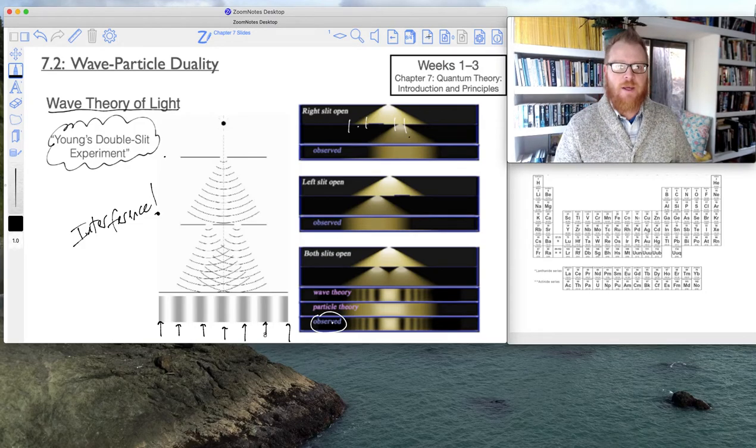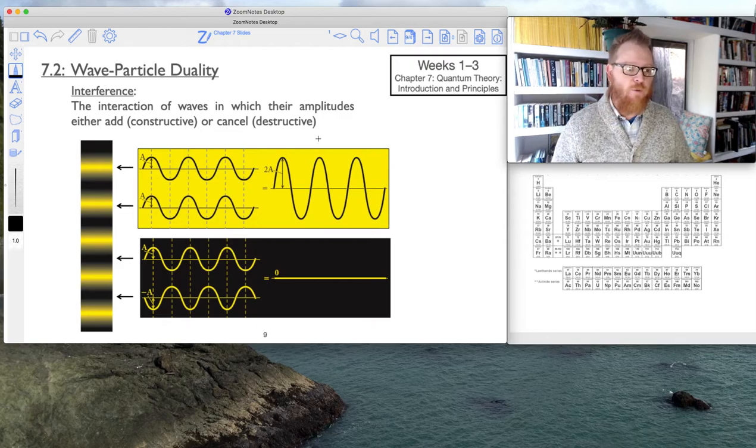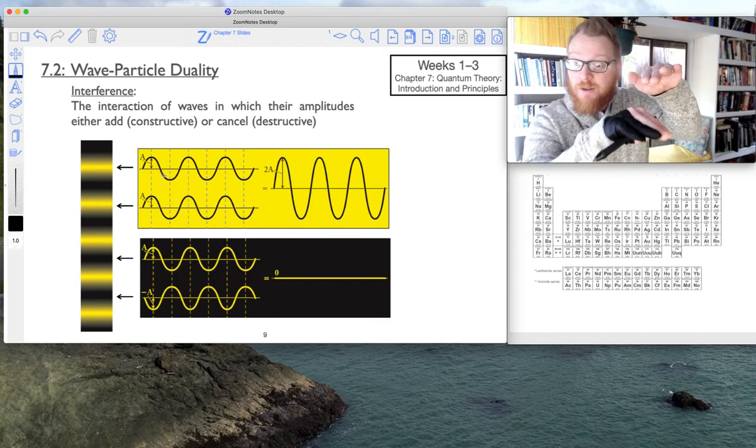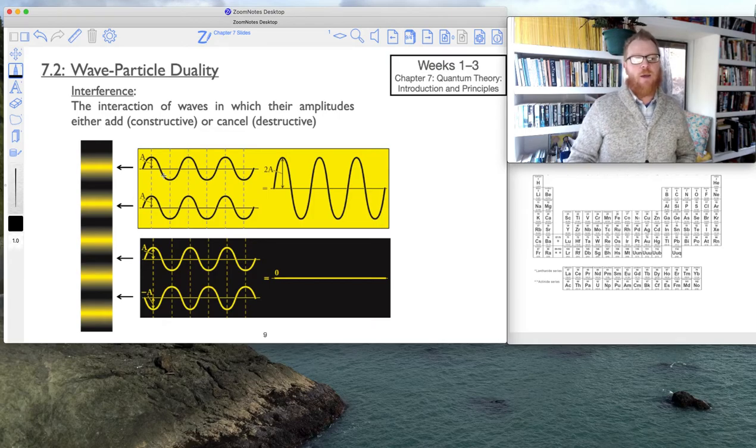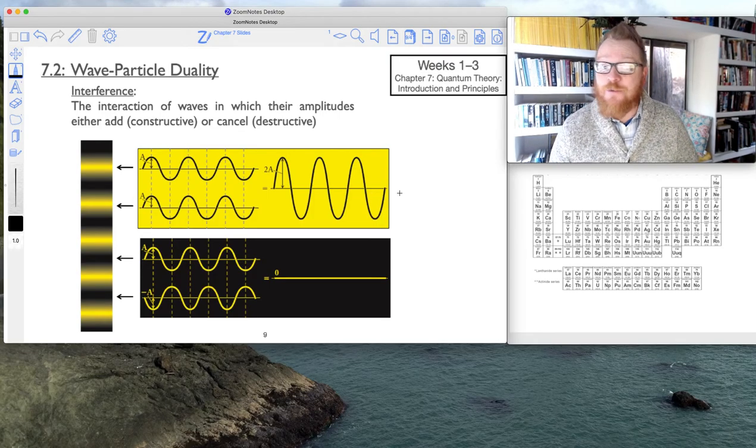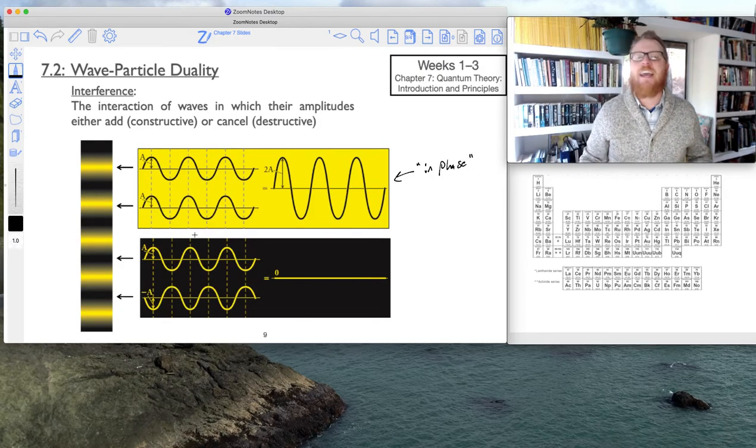Where you see regions where there's no light at all, those are regions of destructive interference. To review that, we recall when we add waves together, and mathematically this is true, but also physically this is true, if we imagine two parallel beams of light in what we would call in phase, like this yellow box right here, those two beams are in phase with each other.